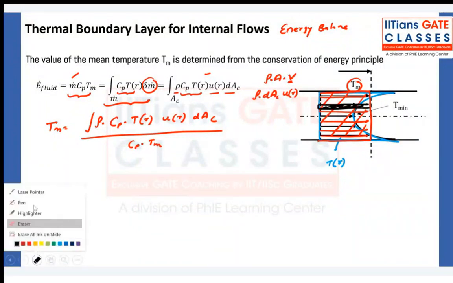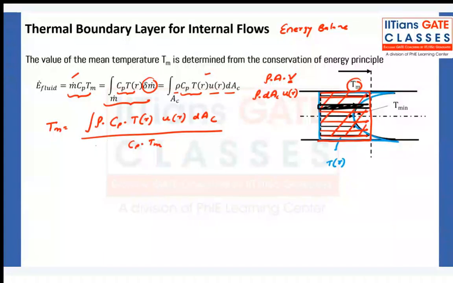So it is rho V average, rho A V, area is A. So it is rho Cp T(R) U(R).